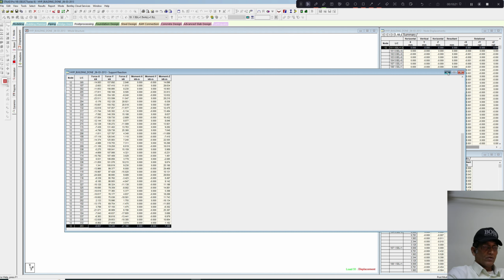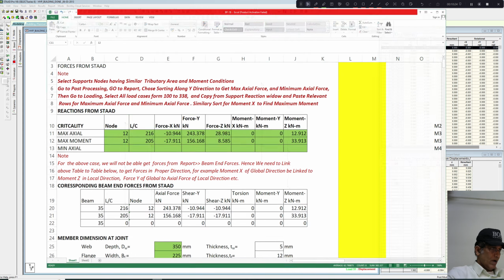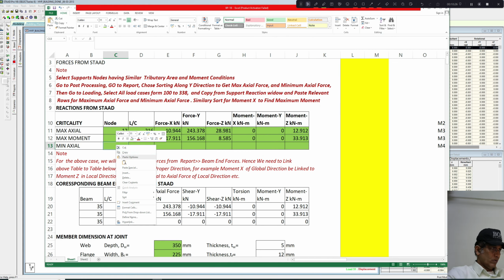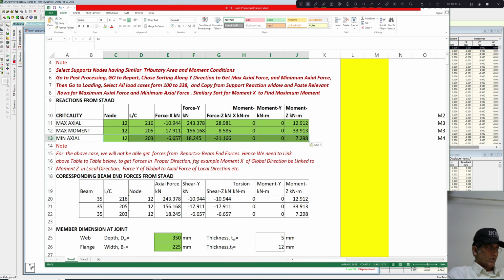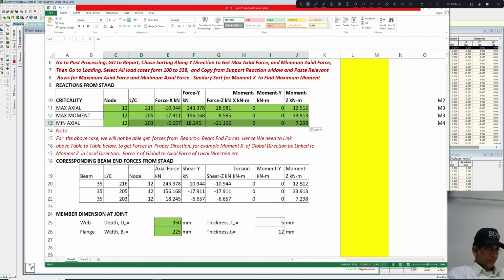See, there is no uplift case here, so in this Excel sheet it will not be designed. In case there is an uplift, the bolts and base plates would have been designed for tension and shear. About the local z-axis, the moments are automatically related in this sheet.